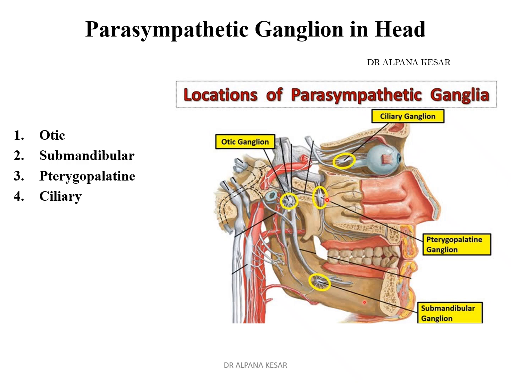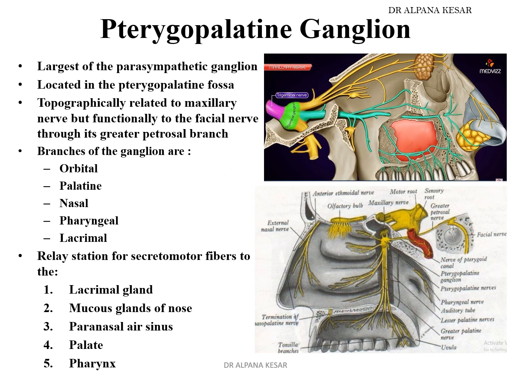In this chapter, we will do pterygopalatine ganglion in detail. Pterygopalatine ganglion is a parasympathetic ganglion. There are 4 parasympathetic ganglion in head region, and this is the largest of the 4.